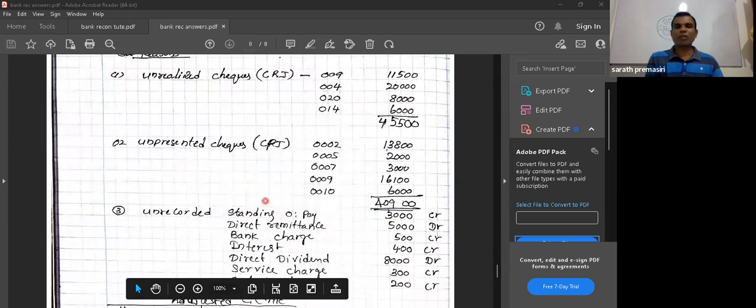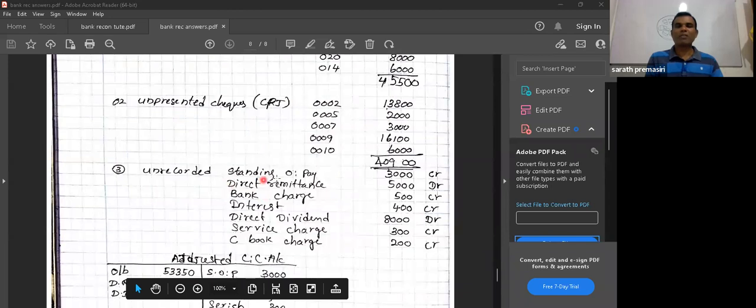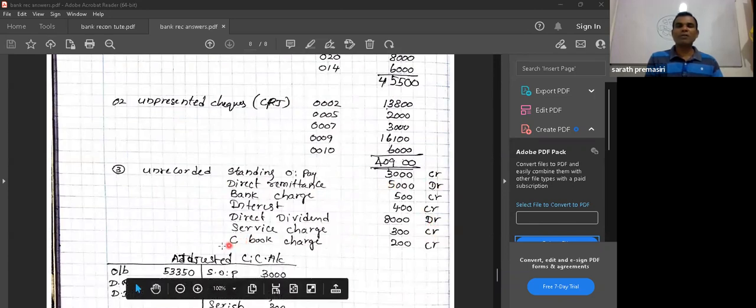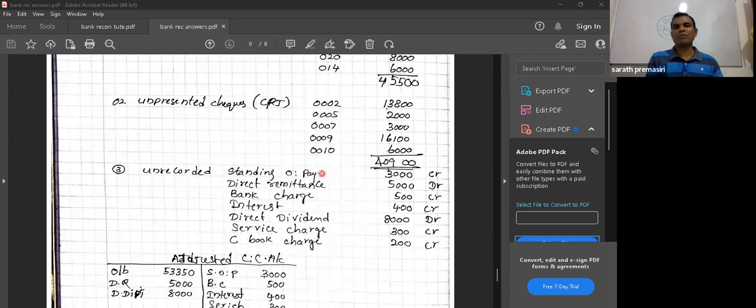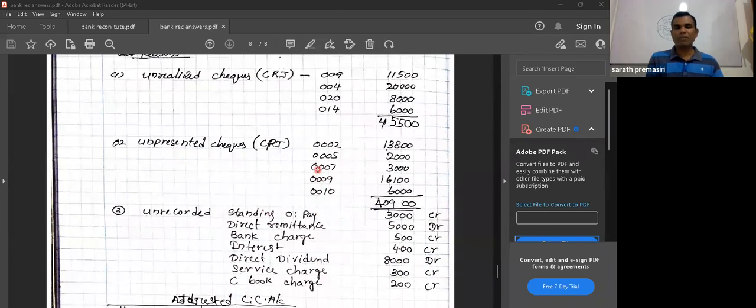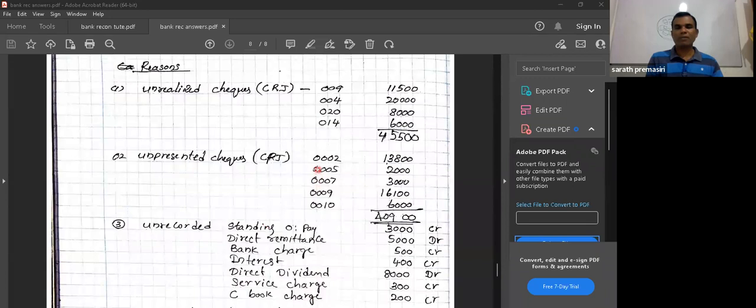Write these two as well. Unrecorded direct remittance 5,000 should be debited in the adjusted cash control account. That is why I have mentioned debit and credit. Then direct dividend should also be debited to the adjusted cash control account. Yes, now start doing that as well.